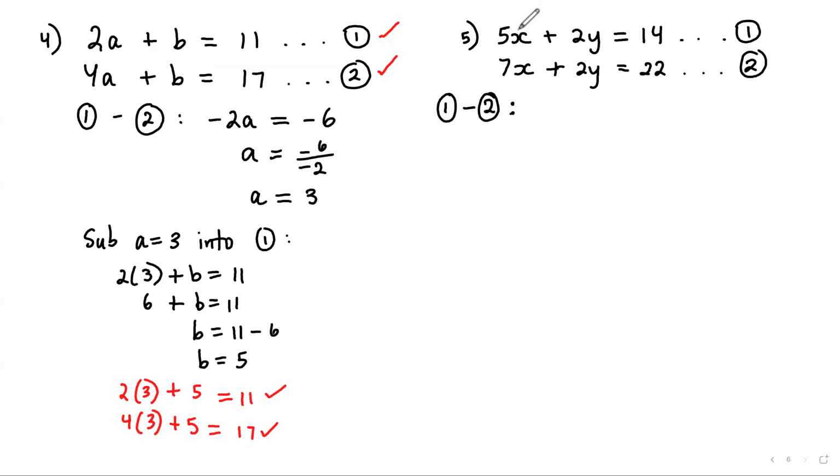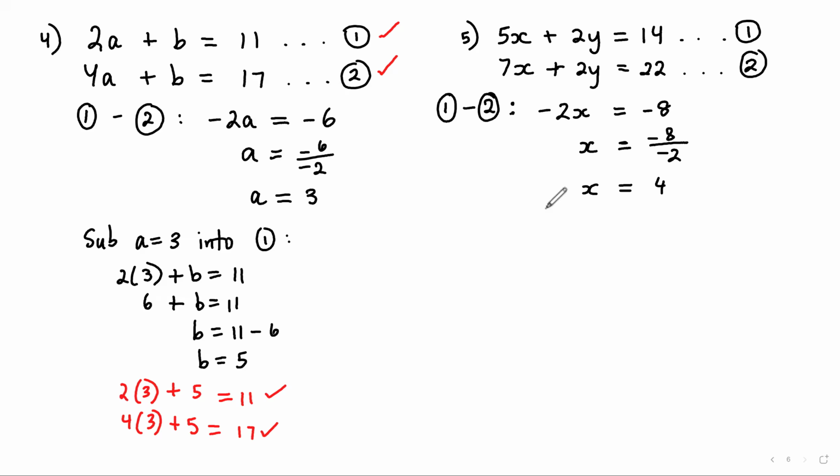So 5x take away 7x gives me negative 2x. 2y take away 2y is 0, and 14 take away 22 is negative 8. So if negative 2x is equal to negative 8, then x is equal to negative 8 divided by negative 2, which gives me positive 4. So x is equal to 4.